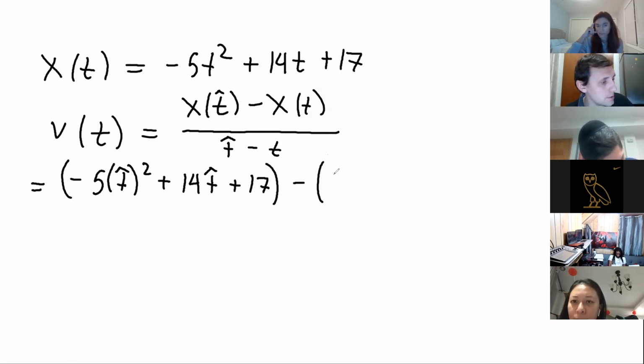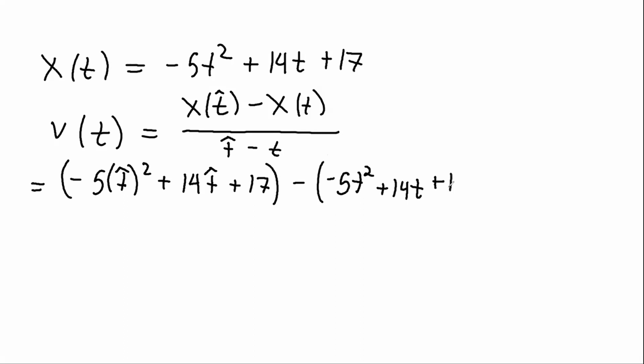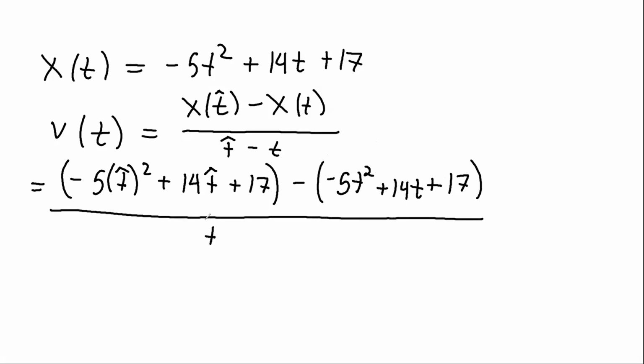Minus, in parentheses, minus 5 t squared plus 14 t plus 17, divided by t hat minus t. Yes?